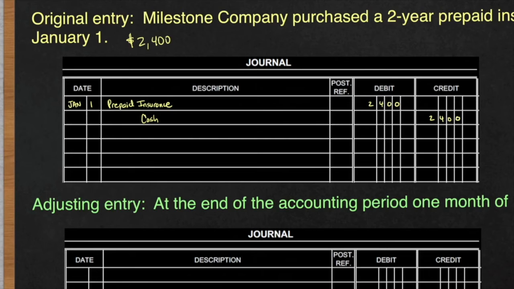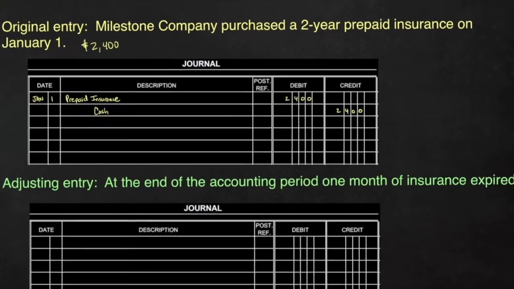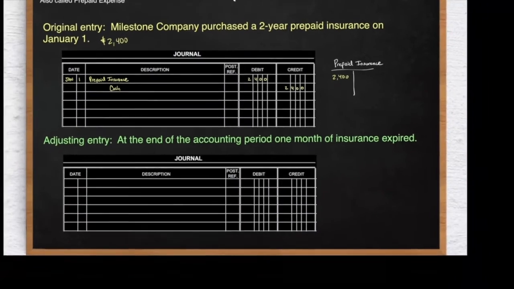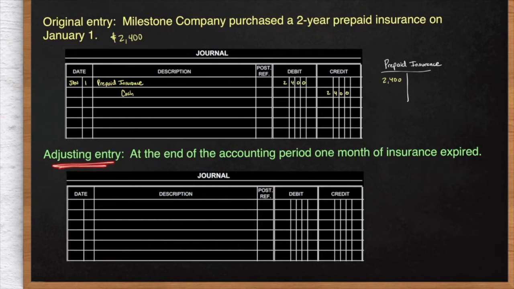$2,400. We're going to fast forward to the end of the month, and before we do that, let's create a T account for the account that we're going to adjust so we can see it better. So prepaid insurance currently has a debit of $2,400, because the company is covered for 2 years for the cost of $2,400.